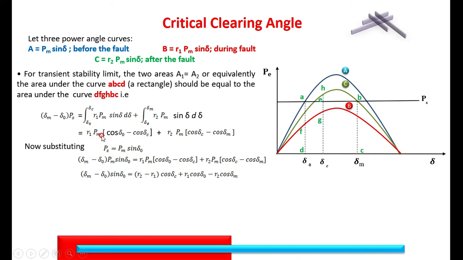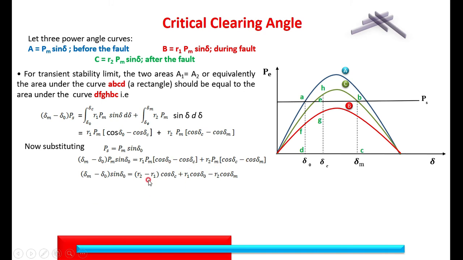One is R1 Pm cos delta C with a minus sign, and the other is R2 Pm cos delta C, which is opposed to it. Therefore, if we group these, what I am getting here is R1 Pm, which I am keeping as it is.